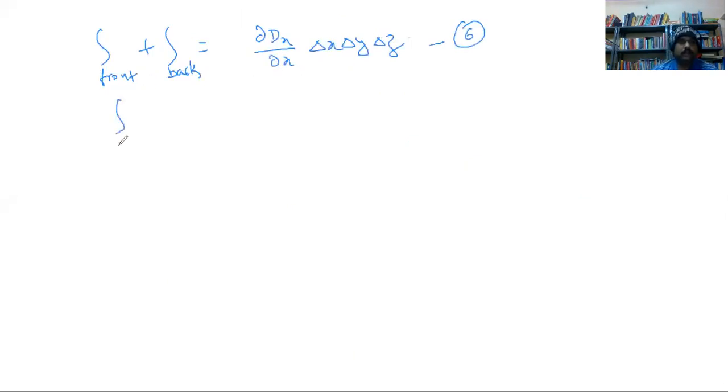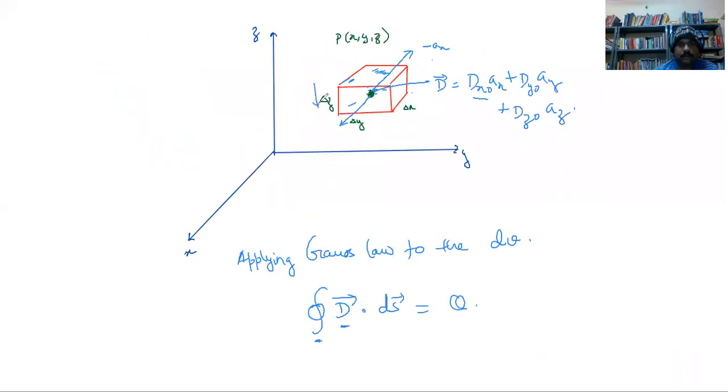Now similarly, if we take top and bottom integrals, if you try this out again, you get the same thing, but the variation is with respect to z axis. Hence, for the top and bottom, the variation is with respect to z axis, right? So this is the variation: top surface, bottom surface.